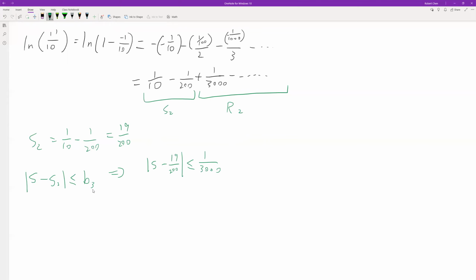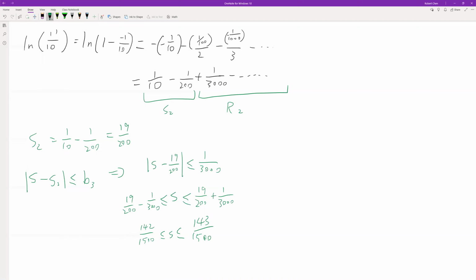And then solving the inequality, we get that S is between 19/200 minus 1/3000 and 19/200 plus 1/3000. So the actual sum is between these two numbers. And let's see what these two values are. The actual sum from the inequality is between 142/1500 and 143/1500.